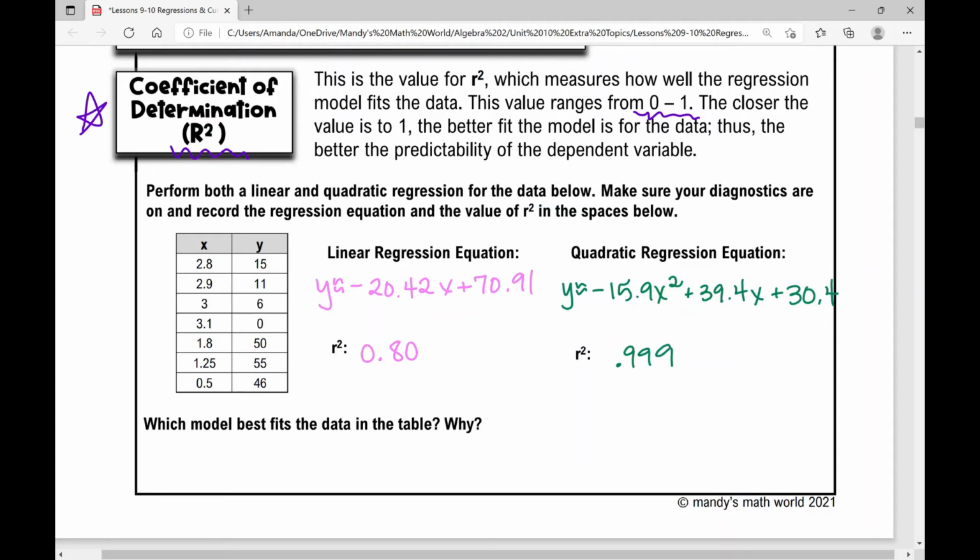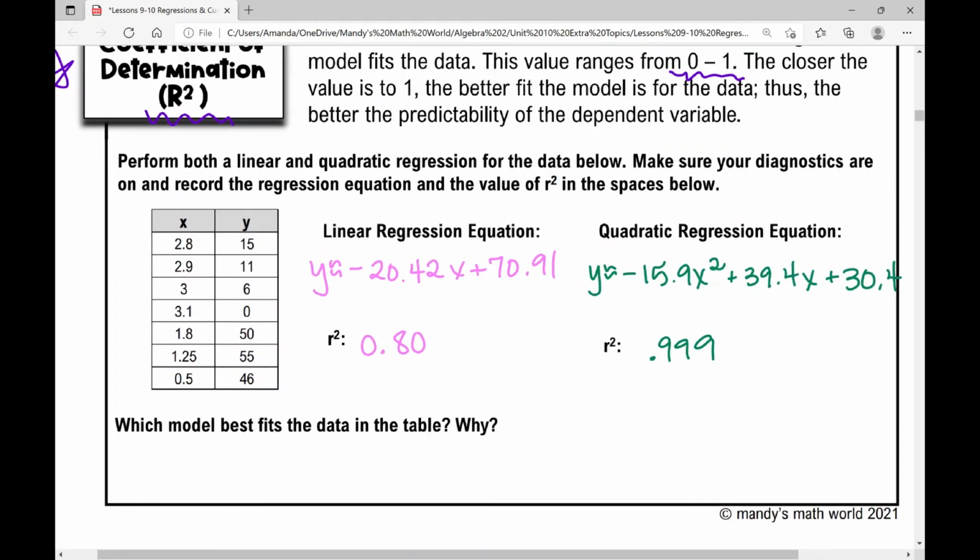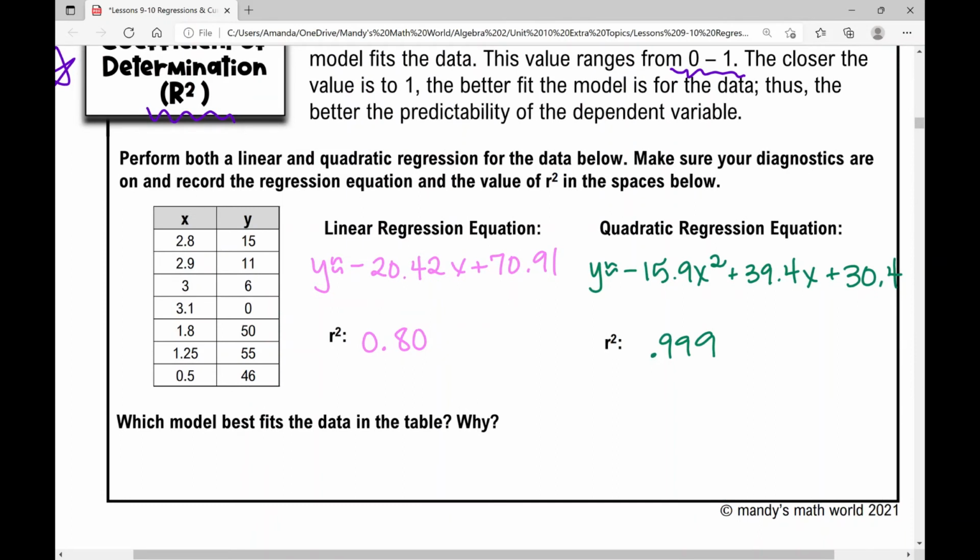So which model best fits the data in the table and why? And you might notice that I say data and data, I just interchange those, and whatever comes out, comes out. So as you can see, the r squared value for our quadratic regression is higher, which means the quadratic model, let's write this down.